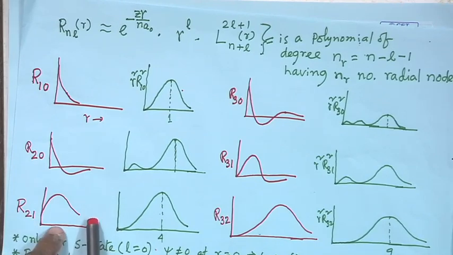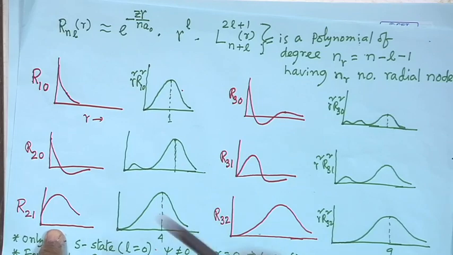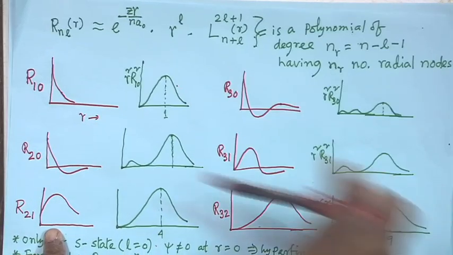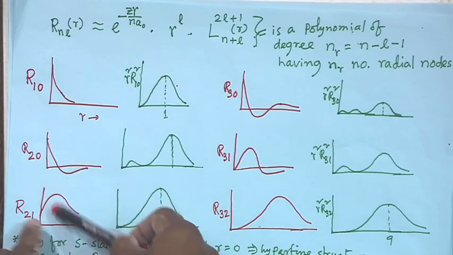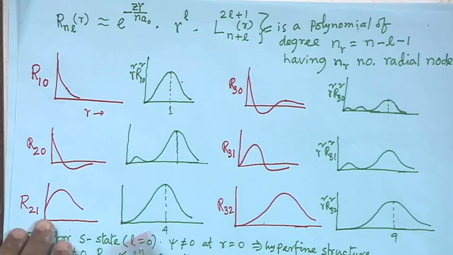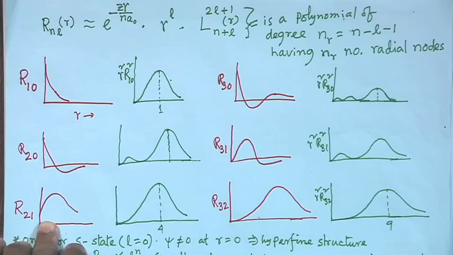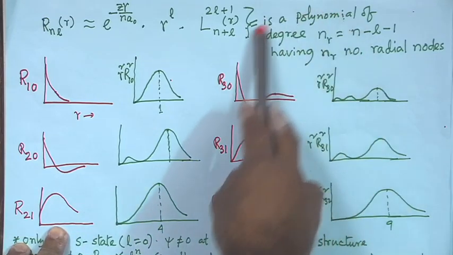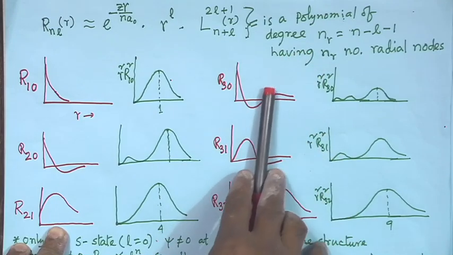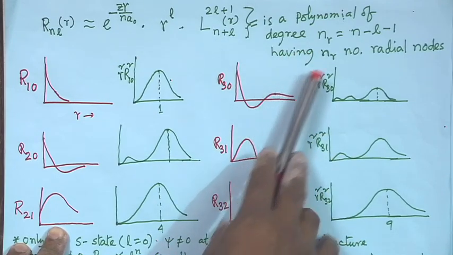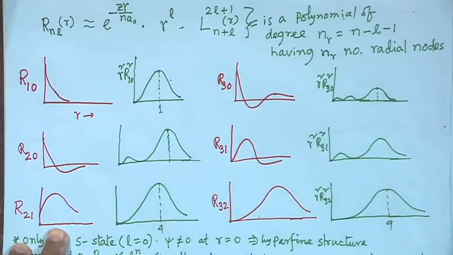Okay. From the explicit form of the wave function, just as an example, I have shown these two. Now other wave functions also, one can draw the nature of the wave function just knowing the degree of polynomial, from where you will get the number of nodal points.